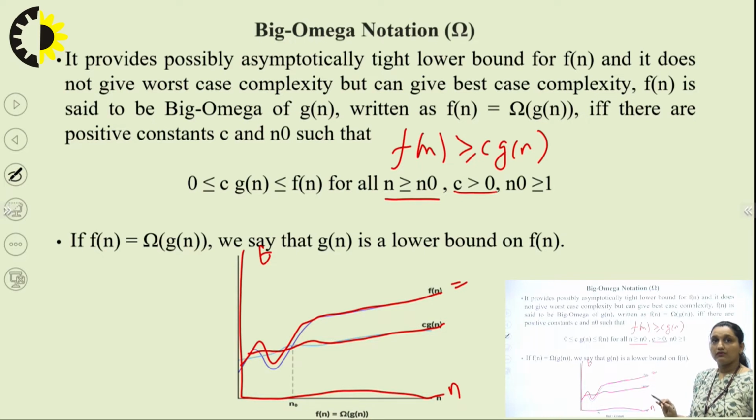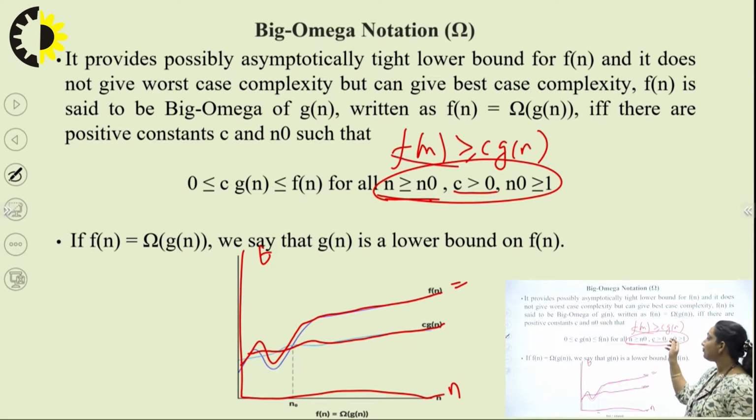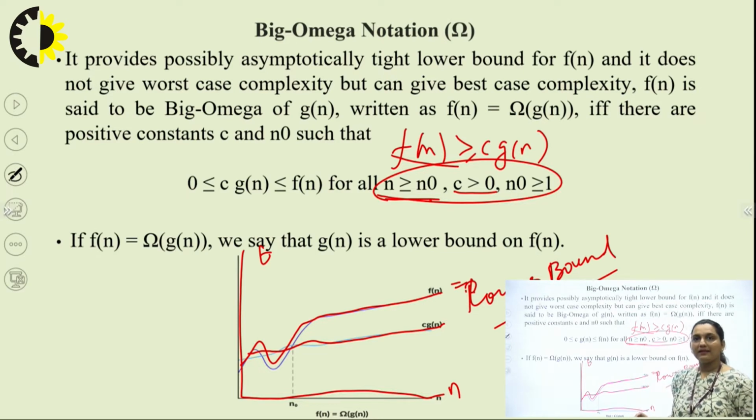We have these three constants, same as big O notation, but the difference is that f of n has to be greater than or equal to c of g of n. So it is giving a lower bound. In the previous one we gave an upper bound. So this gives a lower bound. Better than this is not happening.